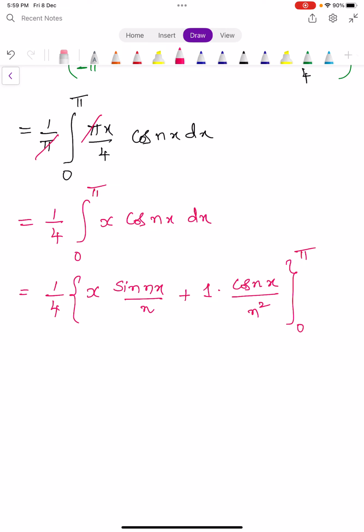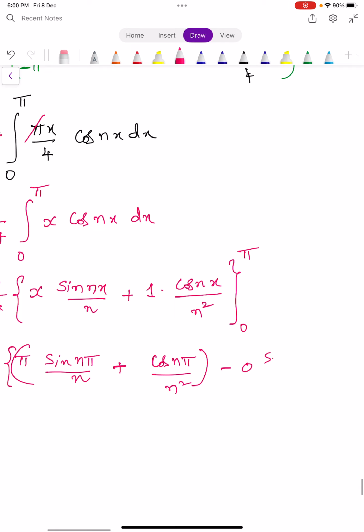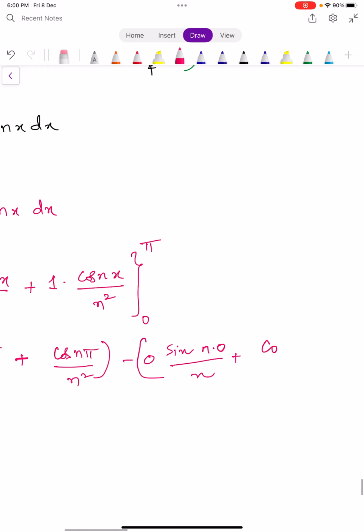You observe that if you substitute pi there, we get pi sin n pi by n plus cos n pi by n square, this is the upper limit, minus the lower limit 0: sin n into 0 by n plus cos 0 by n square.